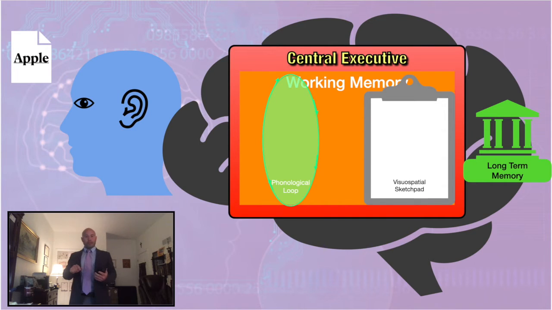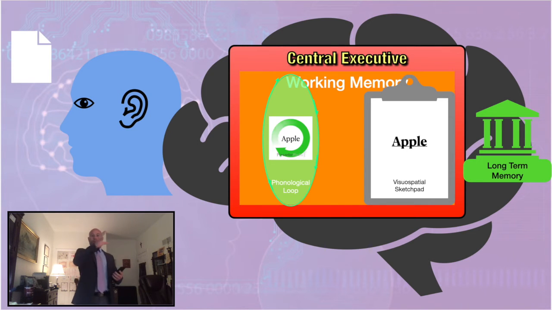So let's take a second and step through why this might happen. All right, so when we process external information, like this simple concept, apple, we take it in, in this case, we're reading a word on a page, through our visual system. That word is being processed in our phonological loop, but it's also being processed as a picture because it's coming through our visual stimulus, so it's being processed in the visuospatial sketchpad as well.